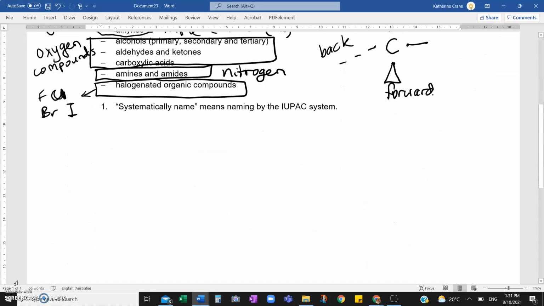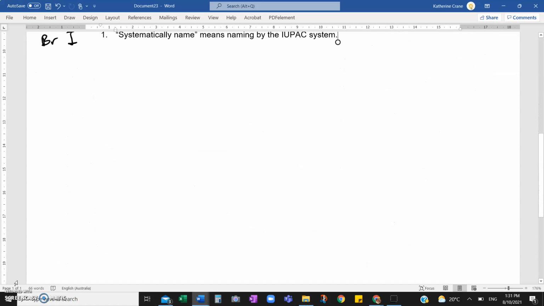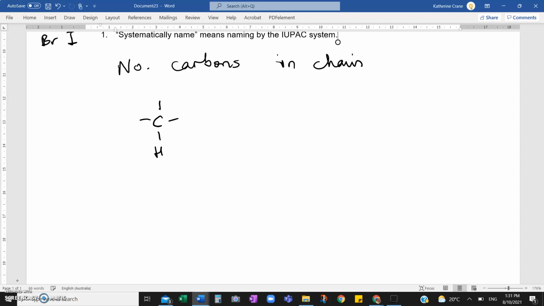So if we go down, we need to know firstly the number of carbons. All the chains work on the number of carbons in your main chain. So the easiest one was 1 carbon and 4 hydrogens, and this is meth. They're all single bonds, so it's methane.